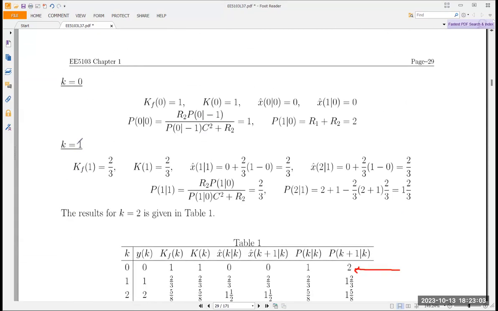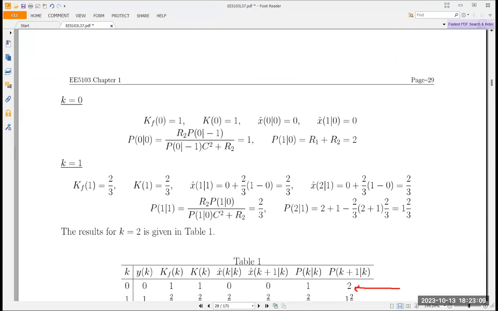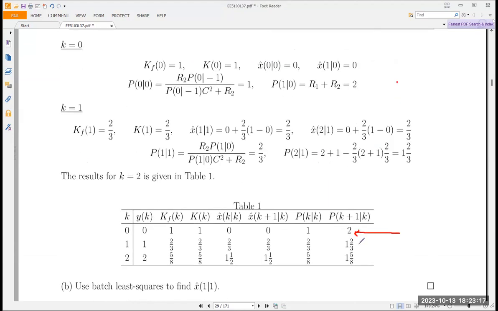Then K equals 1. I will not go through it because it is also the same set of numbers. You stick in the numbers, go one round, and you will get all your values here. So you can look at the values. Make sure you go through at least 3 rounds: K equals 0, K equals 1, K equals 2, and make sure you get all these numbers.